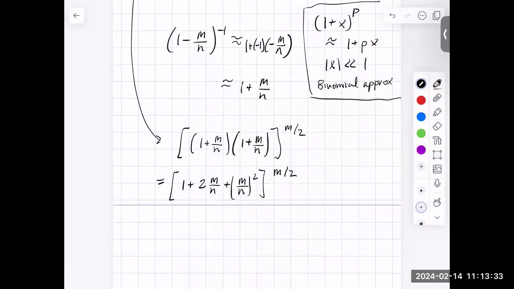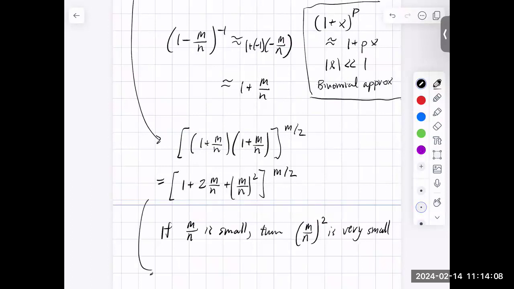If m over n is small, which it must be because we just made this approximation, then m over n squared is really small, right? So suppose this is 10 to the minus 3, then this one's 10 to the minus 6. So if m over n is small, then m over n squared is very small.